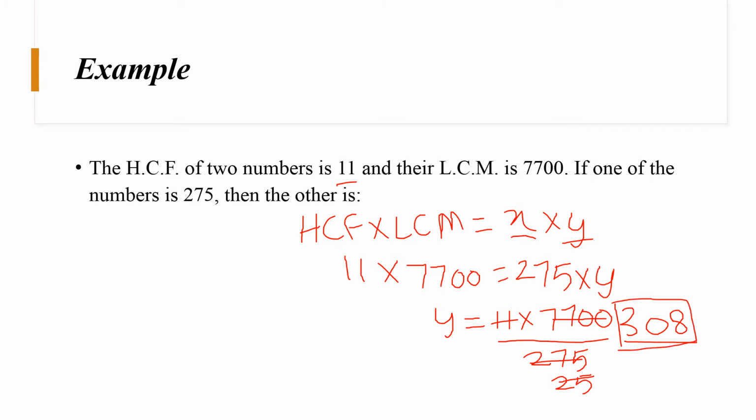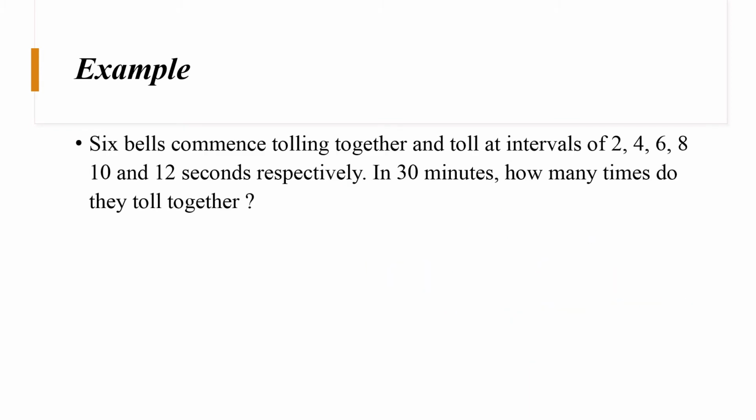Move on to the next problem. They are given that 6 bells are tolling together and toll at intervals of 2, 4, 6, 8, 10 and 12 seconds respectively, and ask you to find in 30 minutes how many times do they toll together.